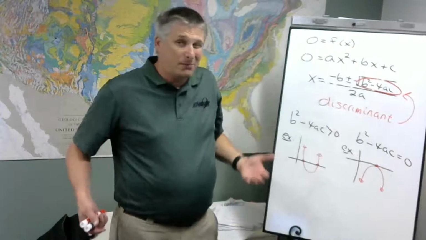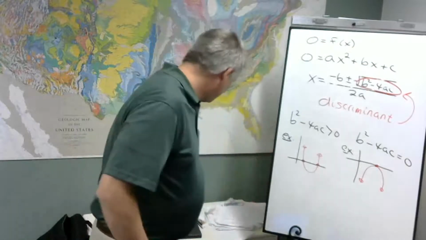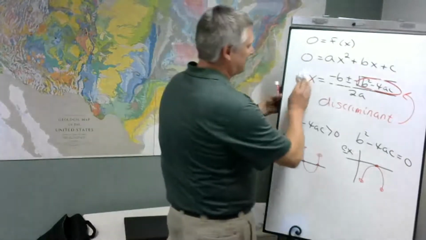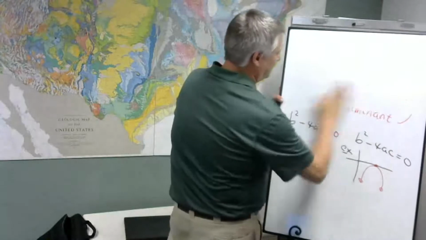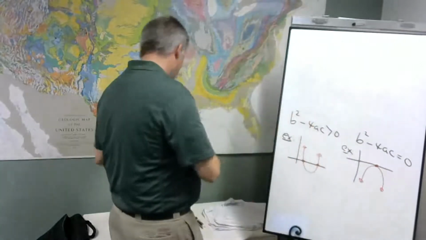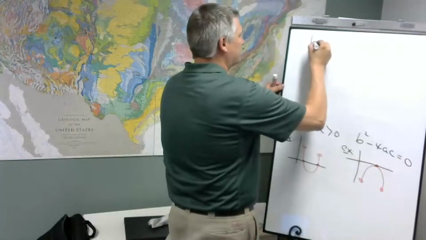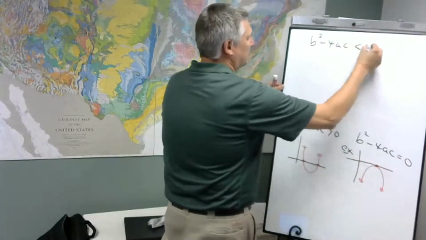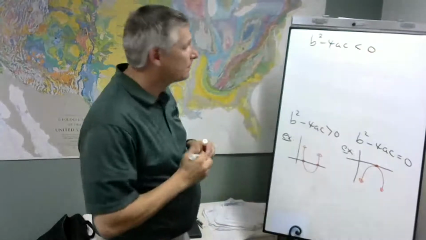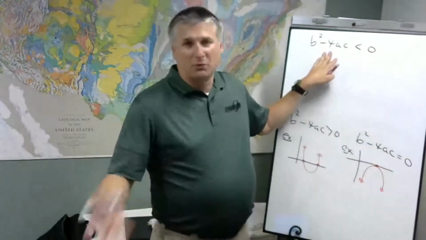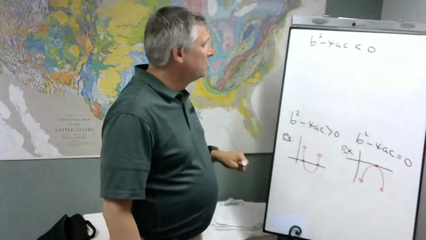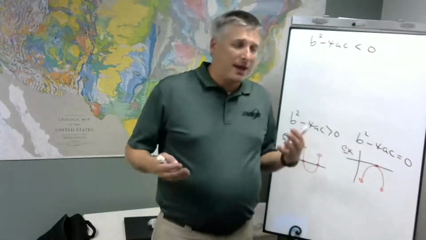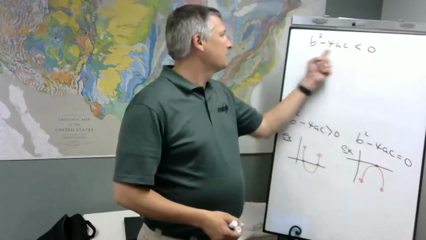So how do you end up with no x-intercepts? Well, in that case, b squared minus 4ac is less than 0. Of course, that means it's negative. The problem is you have to take the square root of this.